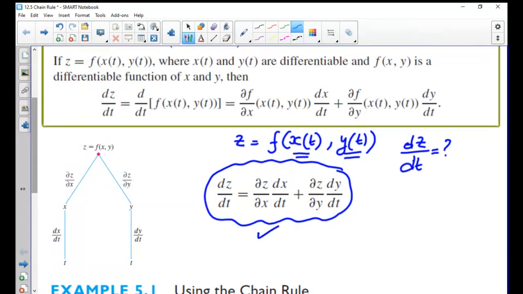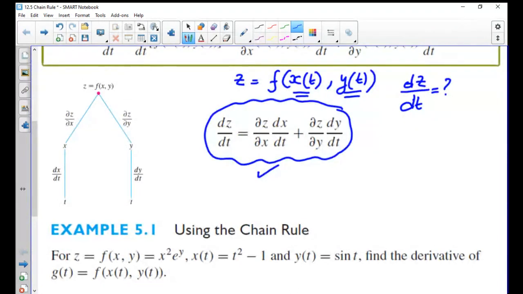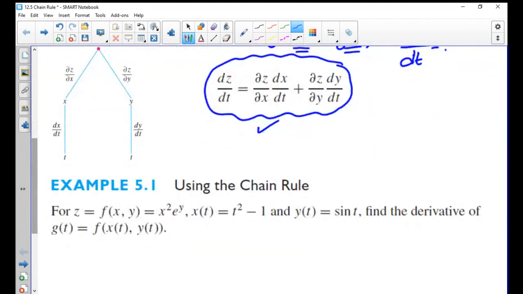Well, you need to use this rule. So it's dz over dx multiplied by dx over dt plus dz over dy multiplied by dy over dt. This is the chain rule with two variables, x and y, which are both functions of another variable t, like here. So let's see in this example.